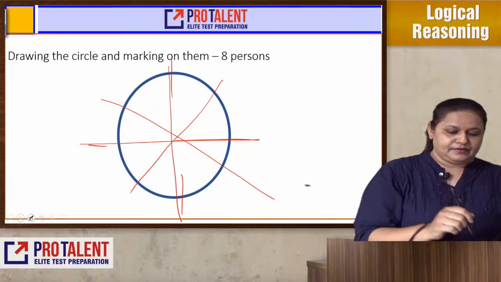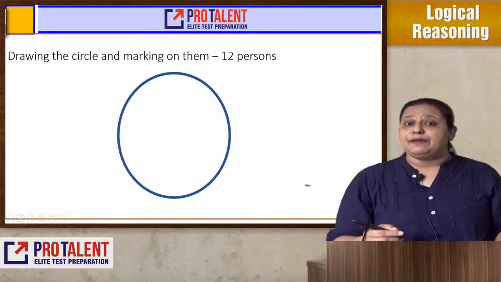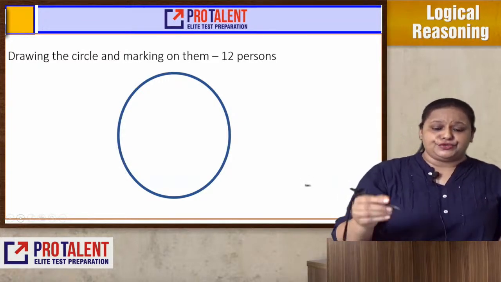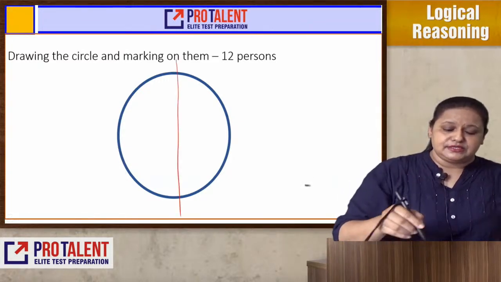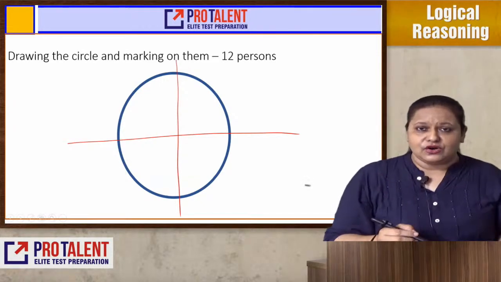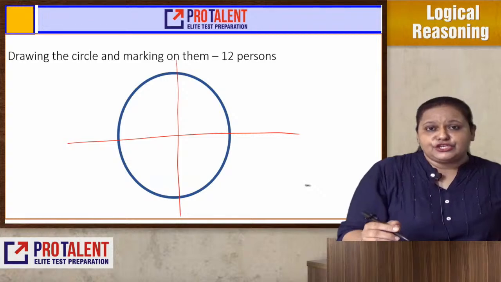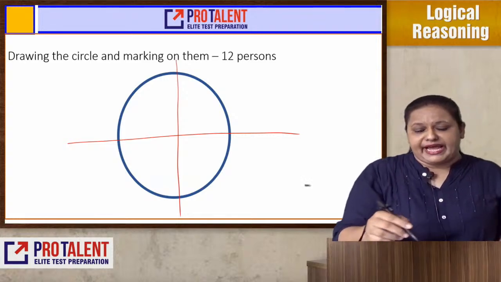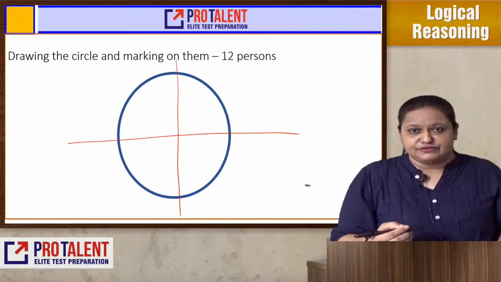Okay, if there are 12 people, how we are going to do this? Then what I do is I apply a bit of maths over here. Cross is there. Now I know that I need to fit in 2 people between the 2, and I have 4, so that is how I'll be fitting in the rest of the 8 people.